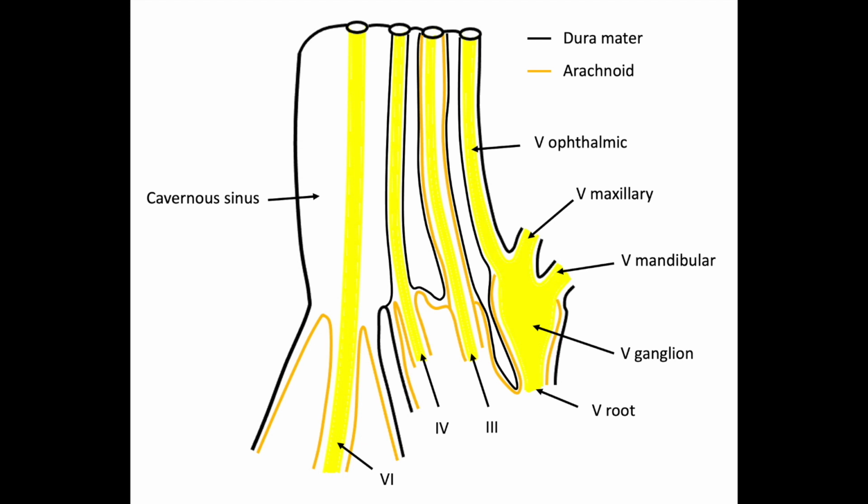So the subarachnoid space surrounds the nerve between its exit from the brain stem and the cavernous sinus. Notice as well that the oculomotor nerve, 3rd cranial nerve, is surrounded by arachnoid inside the dura mater. This cavity of subarachnoid space, filled with CSF, is the oculomotor cistern.